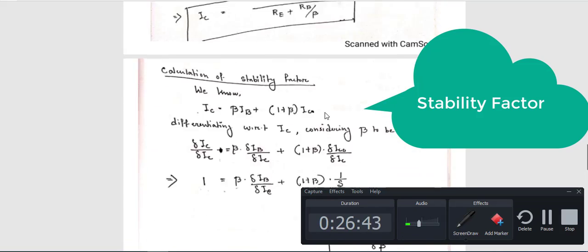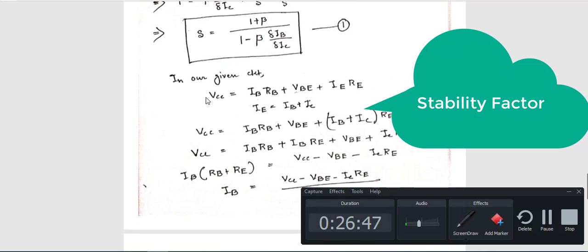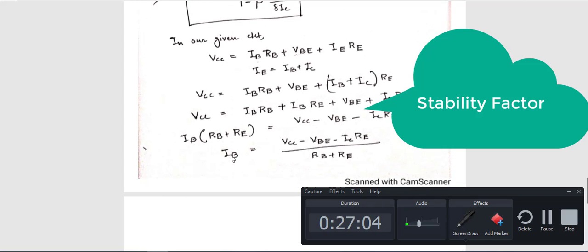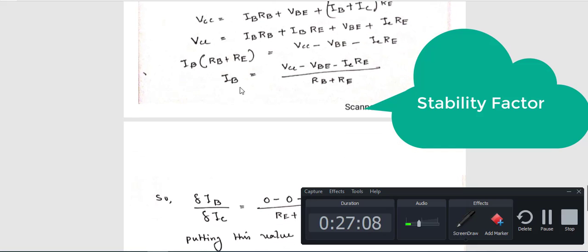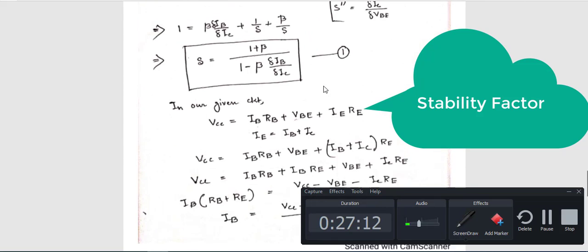But you can easily calculate the value of del IB by del IC from this circuit that is given to you. So from here, applying KVL, you can write this again. Here we know IE is equal to IB plus IC. Now here don't neglect IB, just put IE is equal to this, and after that you will get an expression, that is IB is equal to this. Now you differentiate IB with respect to IC. Why do you differentiate IB with respect to IC?